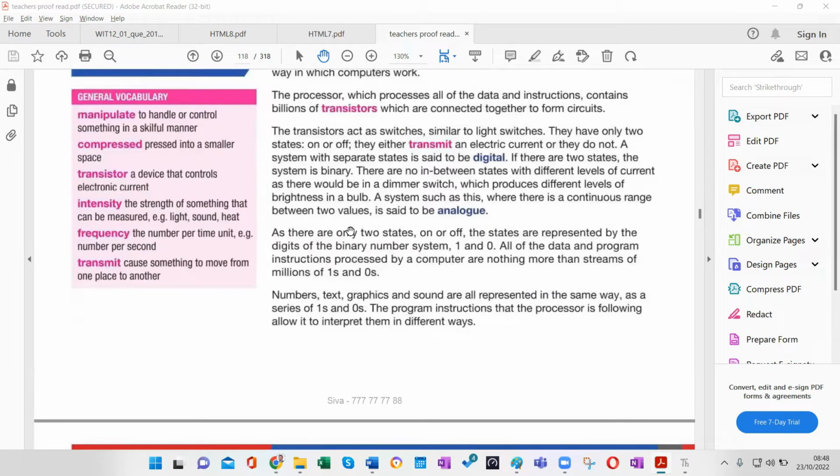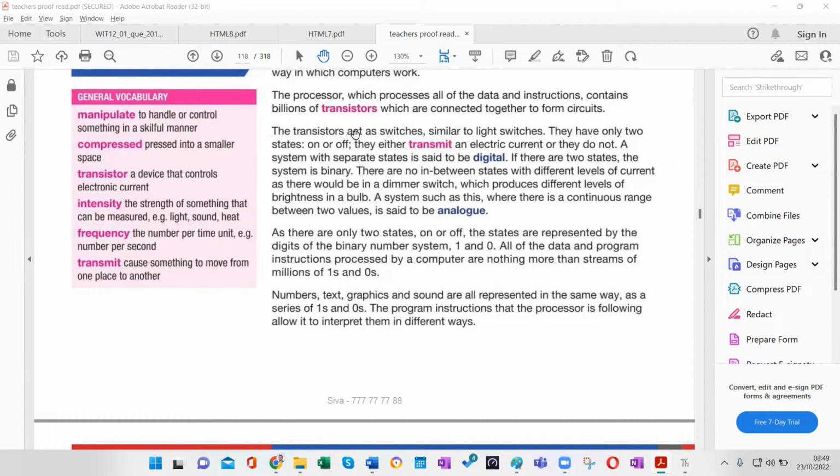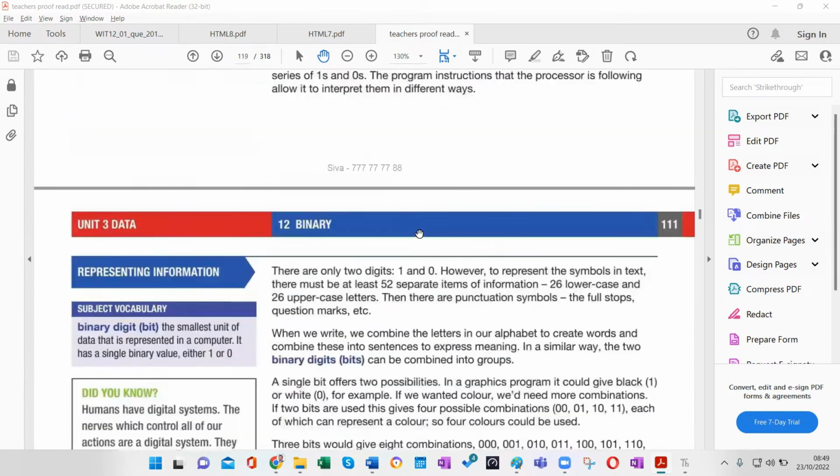It's easy to represent binary using switches, because a switch can have either on or off, right? Just like the switches in your house. And we can easily represent ones and zeros. That's what these transistors and other electronic circuitry do inside the computer.